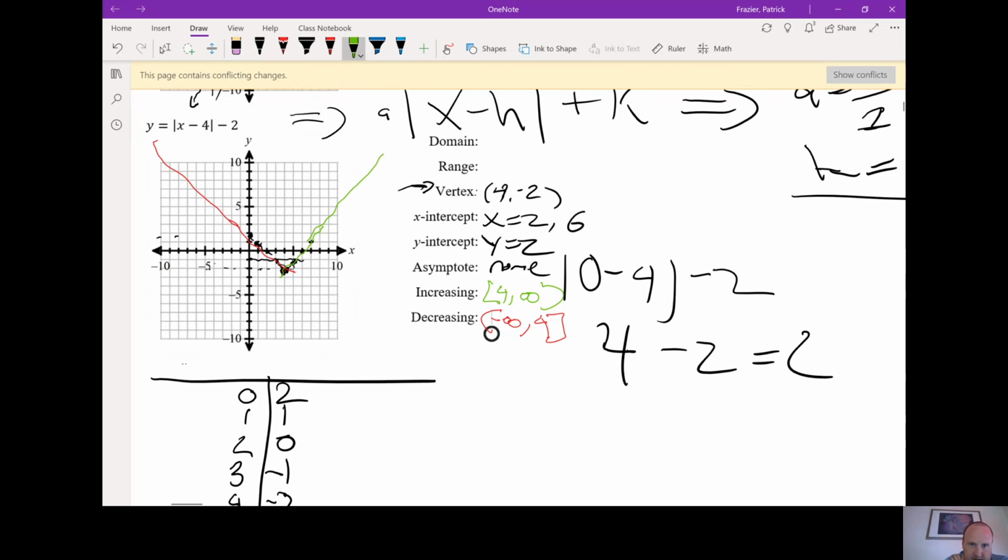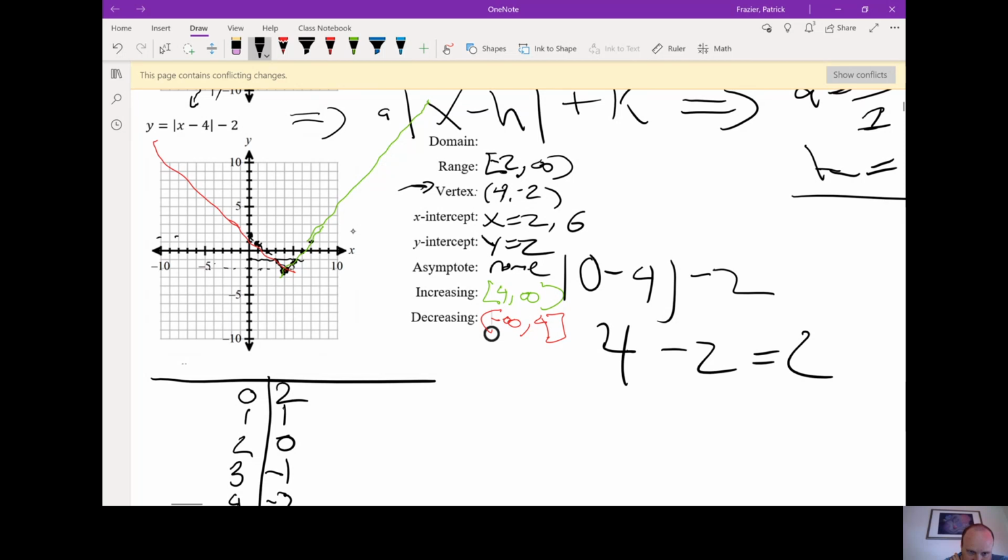So the range is really between, not 4, but negative 2.